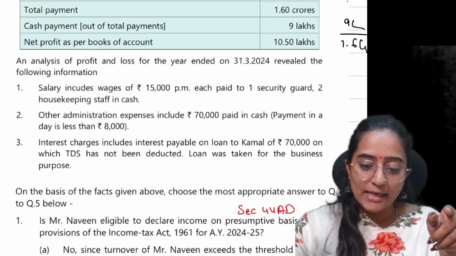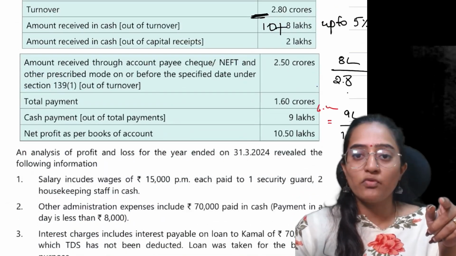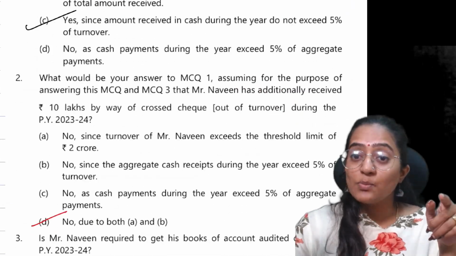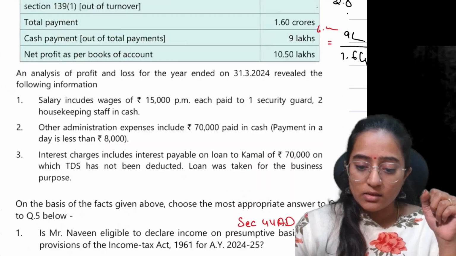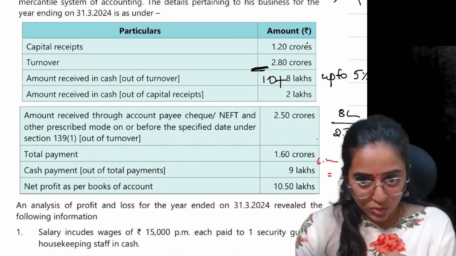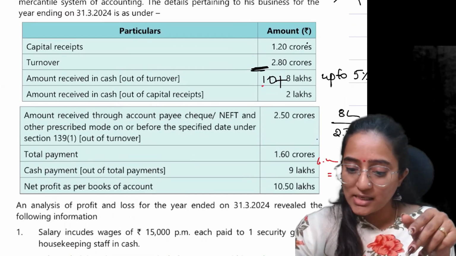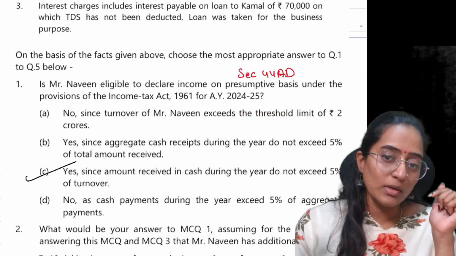We just saw the cash payment which has been made. If you do the math over here, you'll get some 6.42% or something, which is more than 5%. That's the one option. And if you consider MCQ 2 and MCQ 3, you should add this 10% more. So it is going to result in more than 5% only.